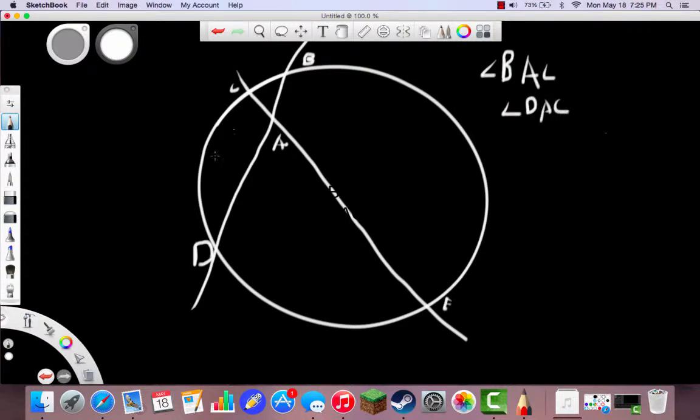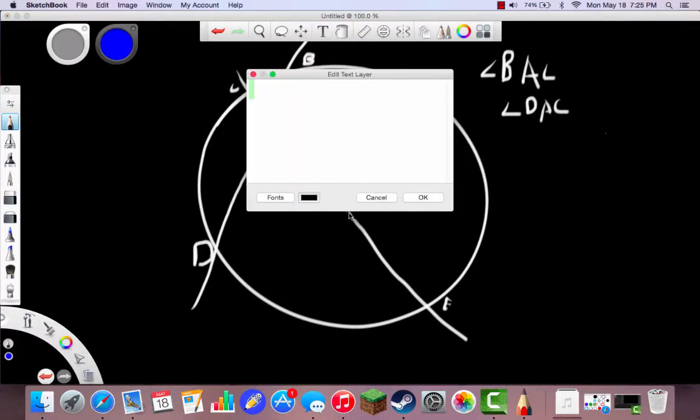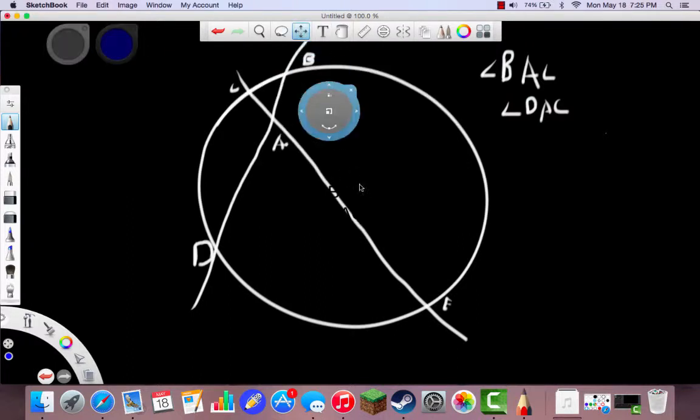The numbers will be: arc DE, the small one here, is going to be 63 degrees.